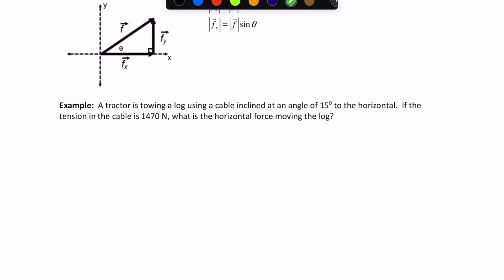So here, if we look at this example, it says a tractor is towing a log using a cable inclined at an angle of 15 degrees to the horizontal. So again, here we draw a diagram.